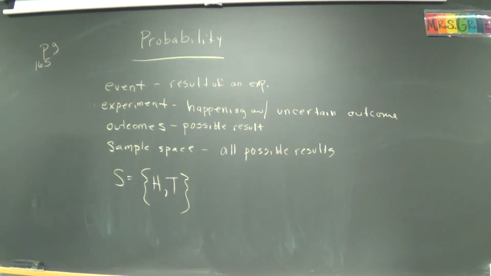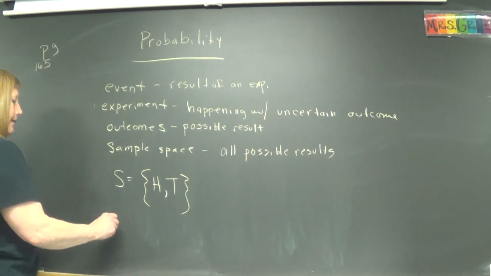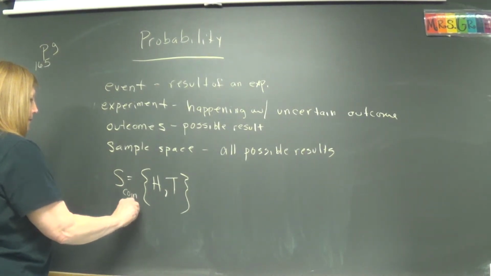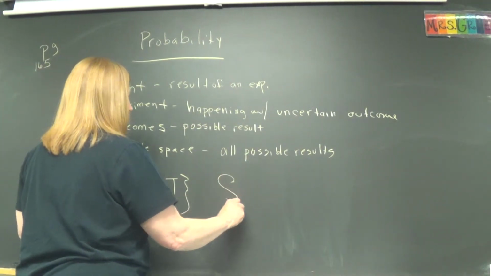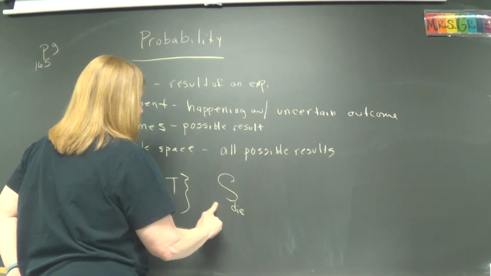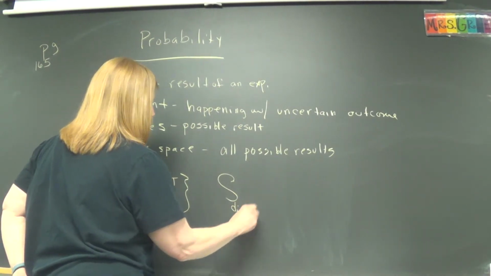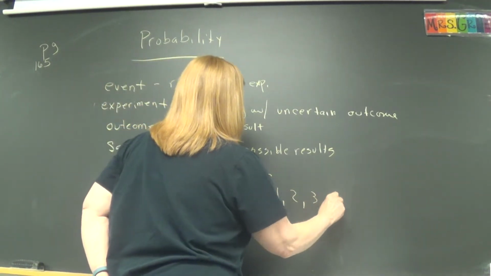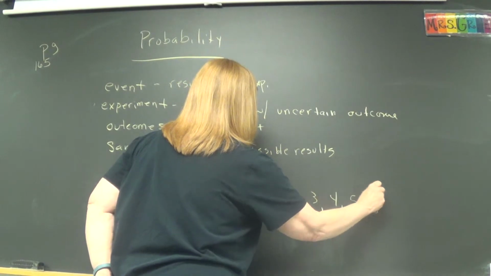So the sample space for flipping a coin is heads, tails. All right, what's the sample space for one die toss? 1, 2, 3, 4, 5, 6.